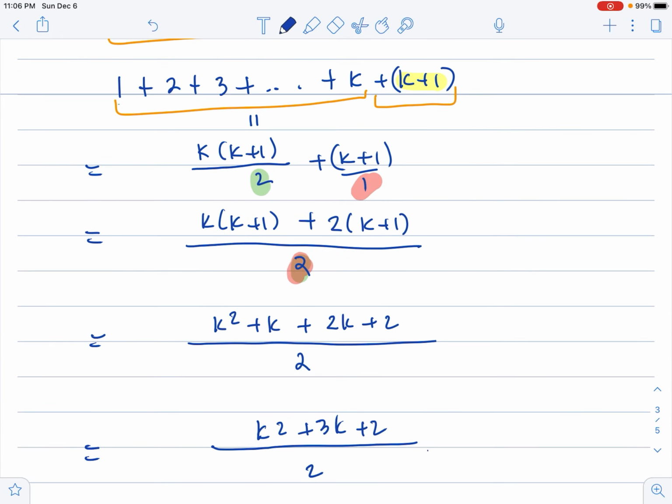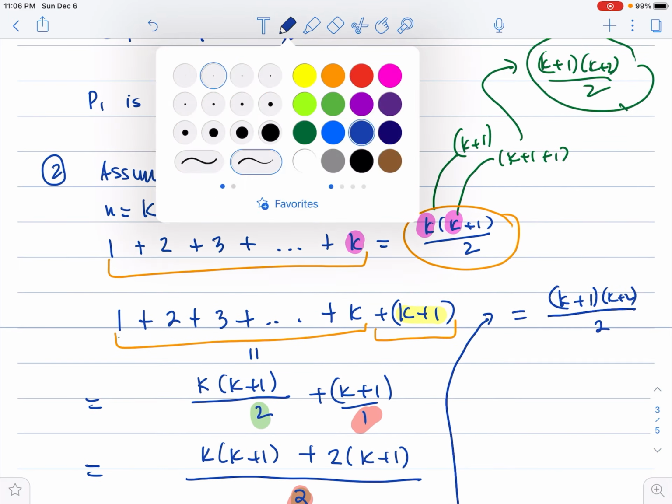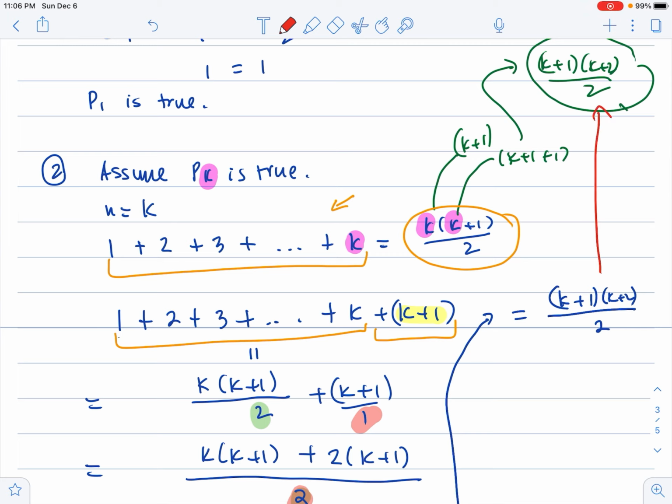And when we factor, ano ang factor ng k squared plus 3k plus 2? That's equal to k plus 1 times k plus 2 all over 2. Which is exactly this expression.